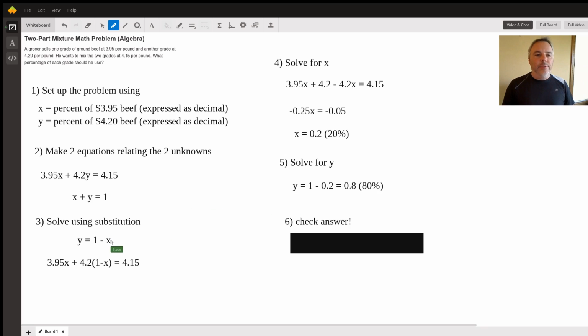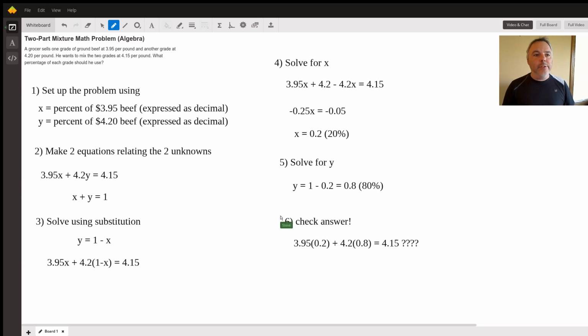I put in the 0.2 here: 1 minus 0.2 is 0.8. As a percent, that's 80%. So basically, the mixture would be 20% of x, which is the $3.95 beef, and 80% of the $4.20 beef.